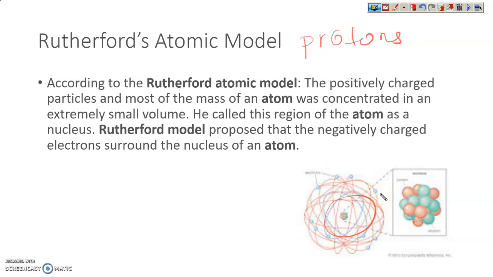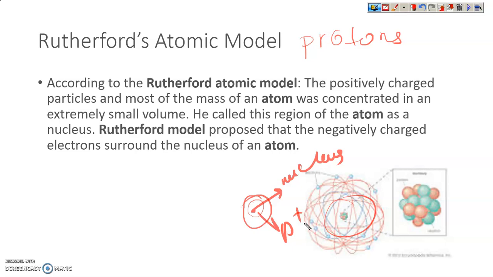This concentrated positively charged mass within the atom is called the nucleus. Suppose this is an atom. In the middle is the nucleus, containing protons, positively charged particles. The size of the nucleus is very small compared to the total volume of the atom.